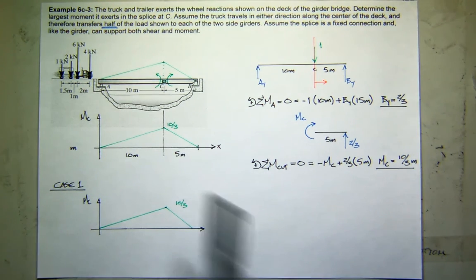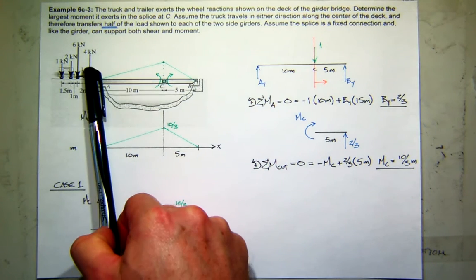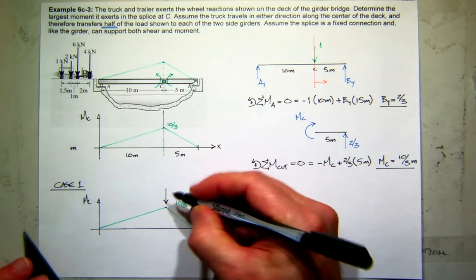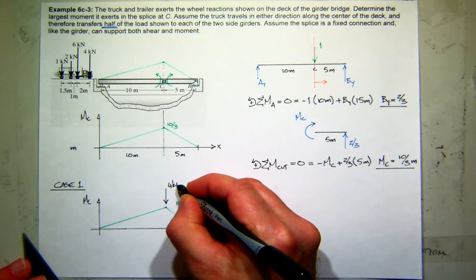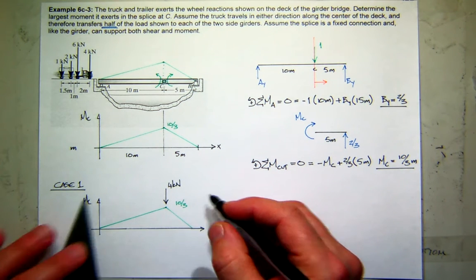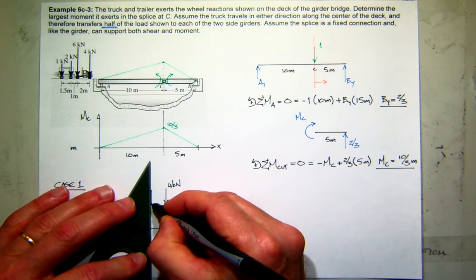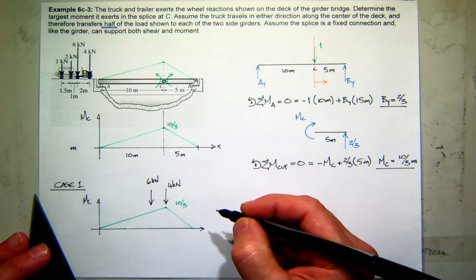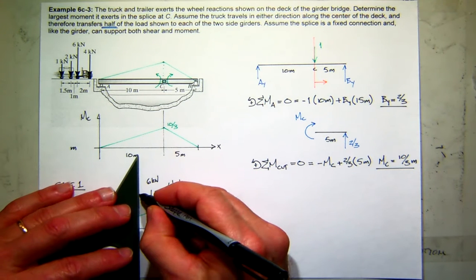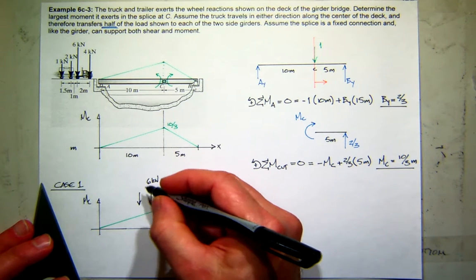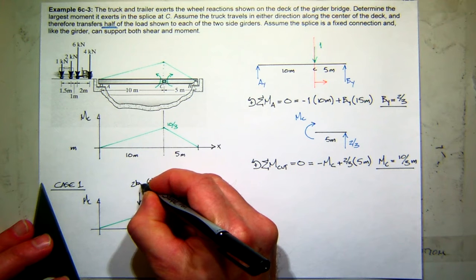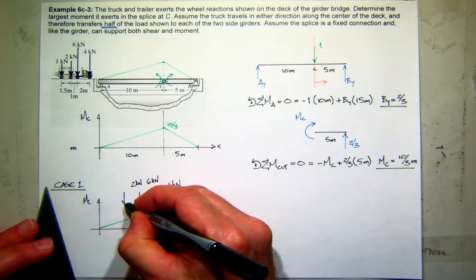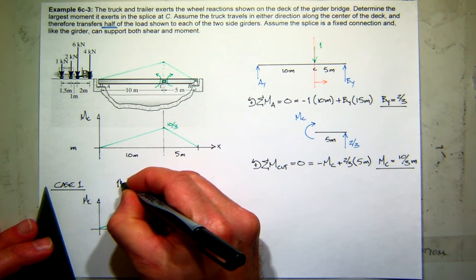So I'm going to now let my truck drive over to the first force, the 4 kilonewton force is here at the max value. And then 2 meters back, I have a value of 6 kilonewtons. 1 meter back, this is not to scale, another 2 kilonewtons. And then 1.5 meters back, a 1 kilonewton force.